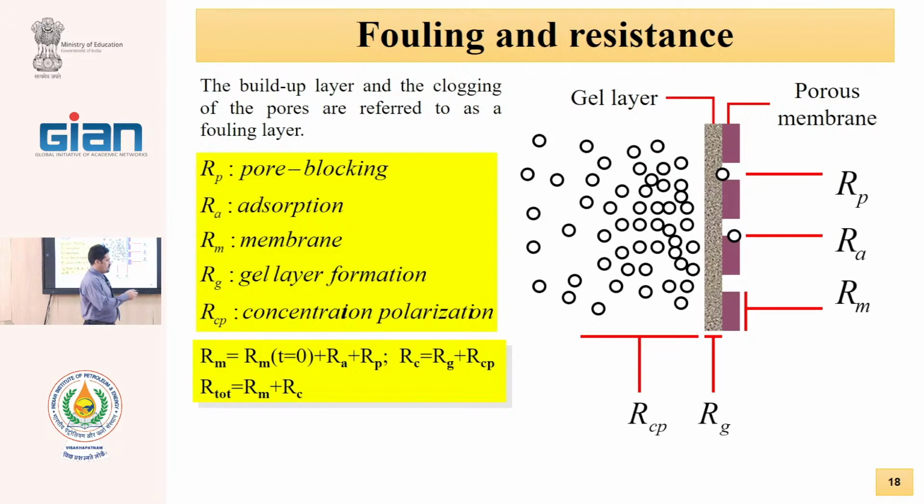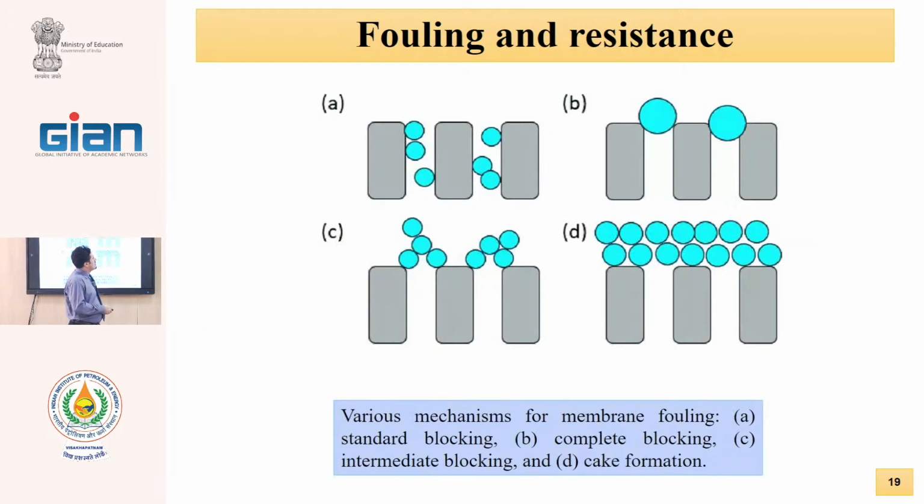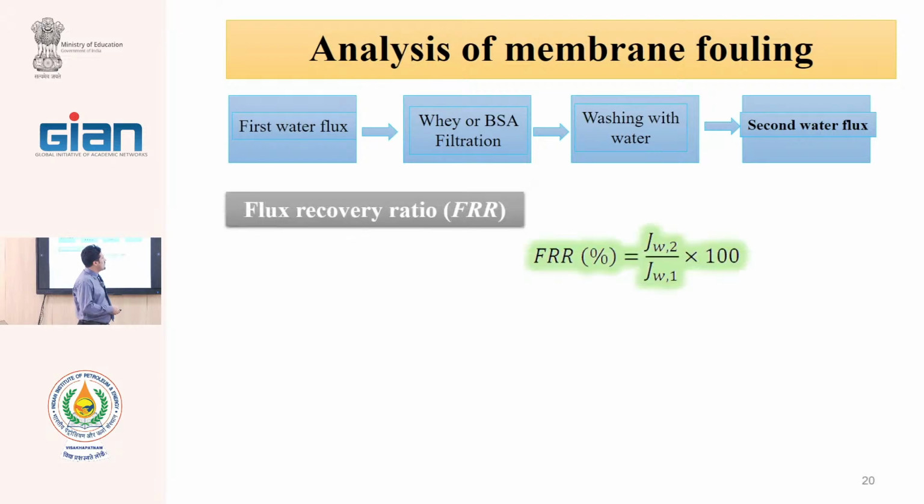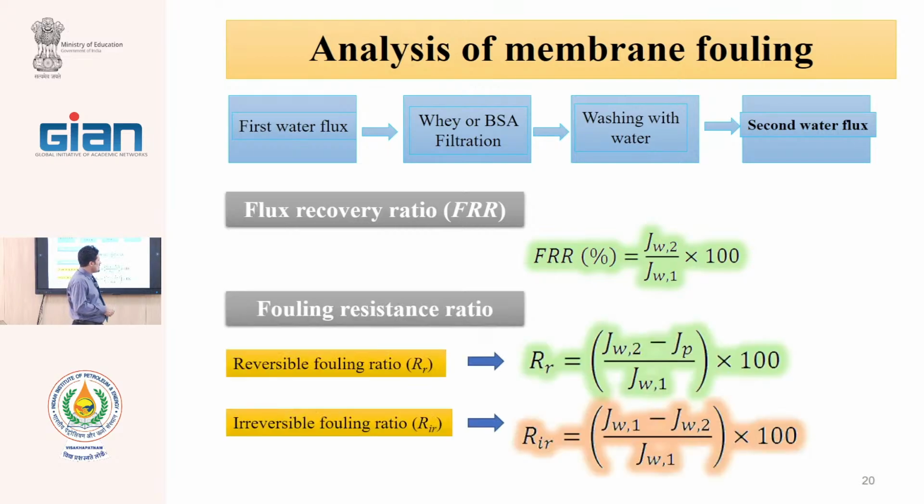Based on the flux, we can calculate them with equations, and this is the routine method. Yesterday I discussed that we can obtain the flux recovery ratio by measuring the second flux relative to the first flux, and reversible and irreversible fouling, which we can obtain based on the BSA flux.